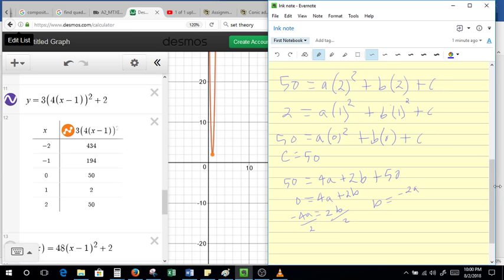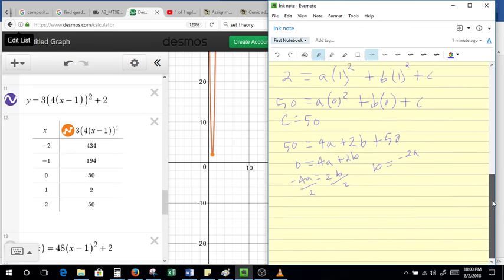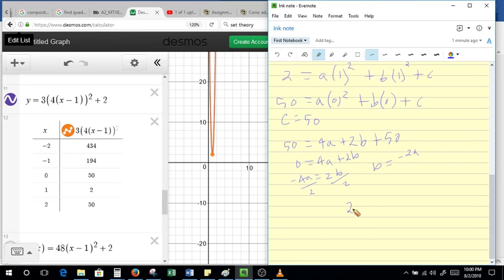2a. And now we can substitute that into our third equation. 2 is equal to a plus, I guess, minus 2a. So we're substituting in for b.